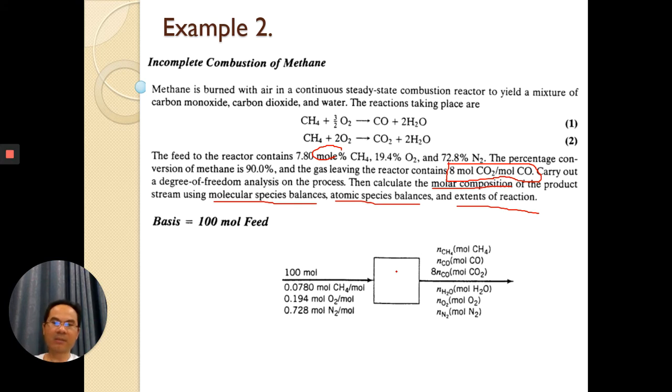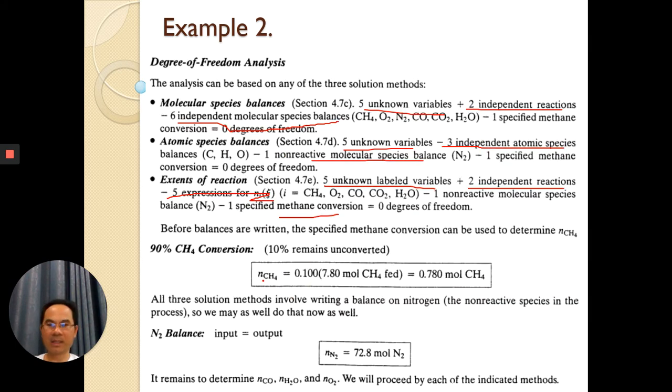Unconverted is 10% because 90% is converted. So N methane equals 0.1 multiplied by the amount of methane in the feed, which is 0.078 multiplied by 100. You get 0.78 mole of methane output.